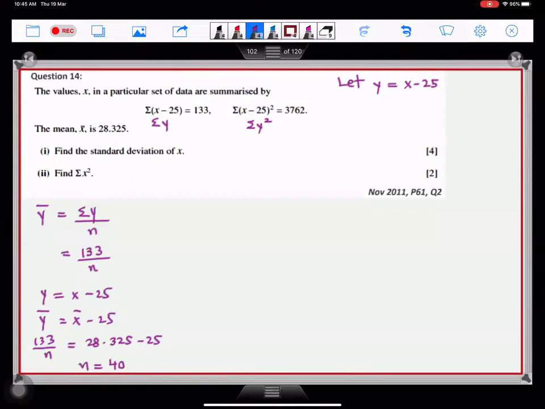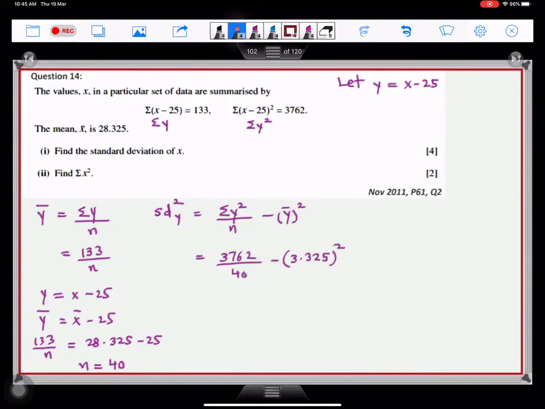Then what does it say? They are asking us for the standard deviation of x. Standard deviation of x is the same thing as standard deviation of y, that is sigma y square over n minus y bar square. So let me write sigma y square, 3762, n is 40, minus 3.325 square.